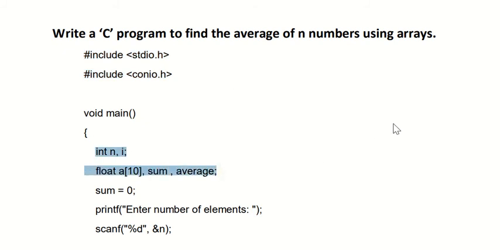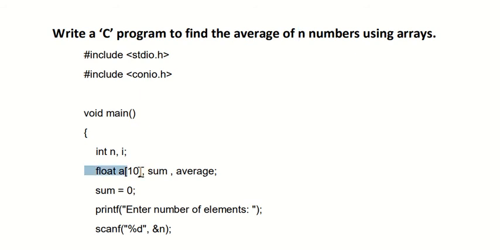In the void main function, we are declaring two integer variables, that is i and n. i is for the for loop counter purpose, and n is for how many numbers you want to enter in an array. So in the beginning we are going to ask that first, because the program heading is find the average of n numbers. That's why we have used one variable, n.